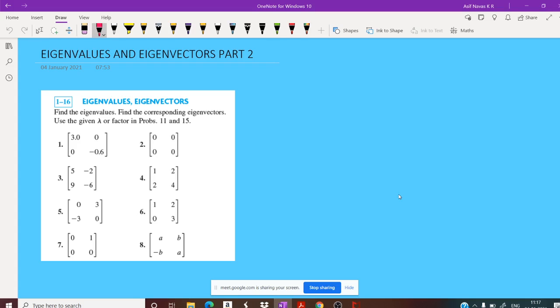So in this session, we will discuss eigenvalues and eigenvectors of a 2 by 2 matrix. One important question is: find eigenvalues and eigenvectors of this matrix, 0, 0, 0, 0.